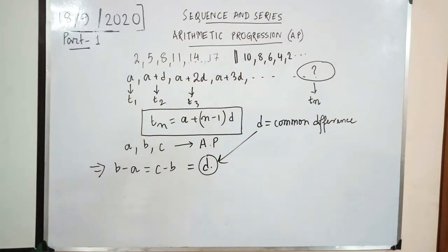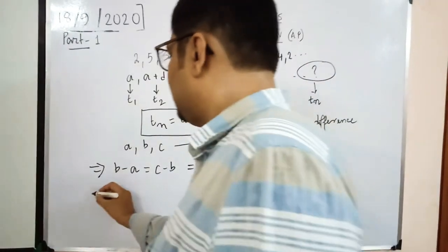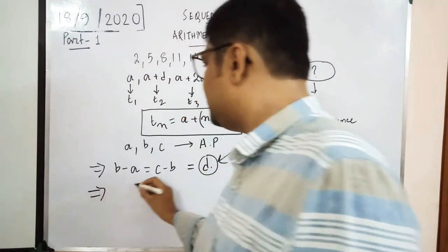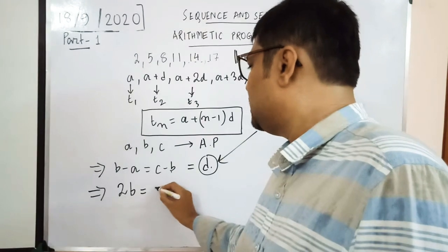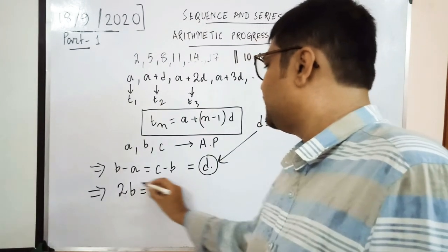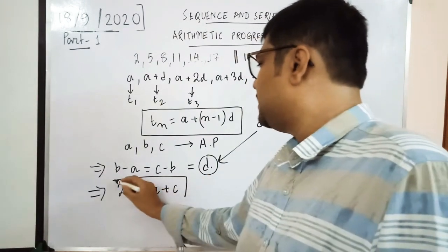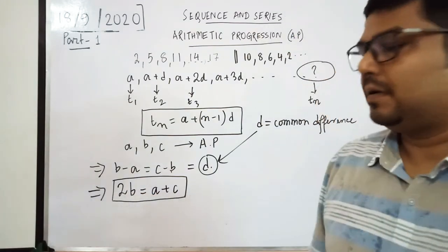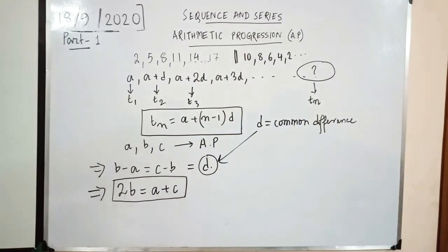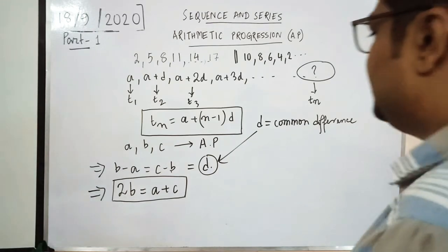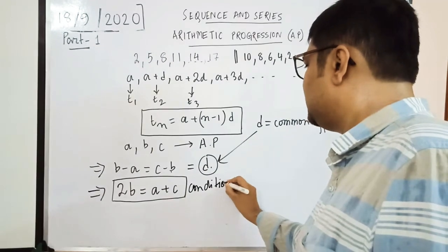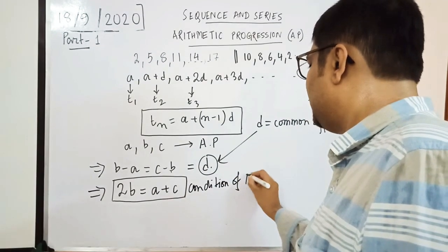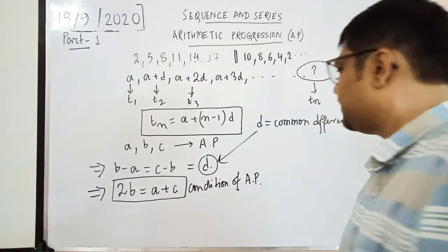They are the same. Now if I arrange this a little bit, I get 2B equals A plus C. Look at it, 2B equals A plus C is the condition of AP, arithmetic progression.